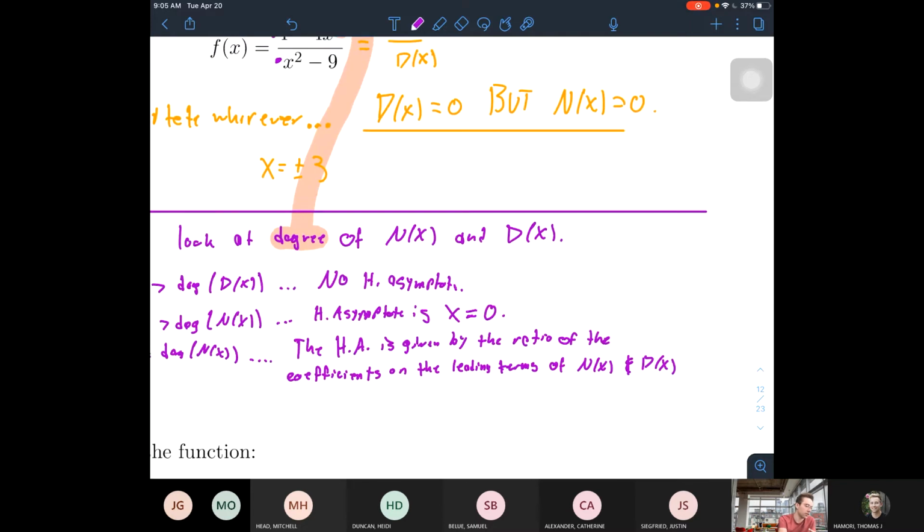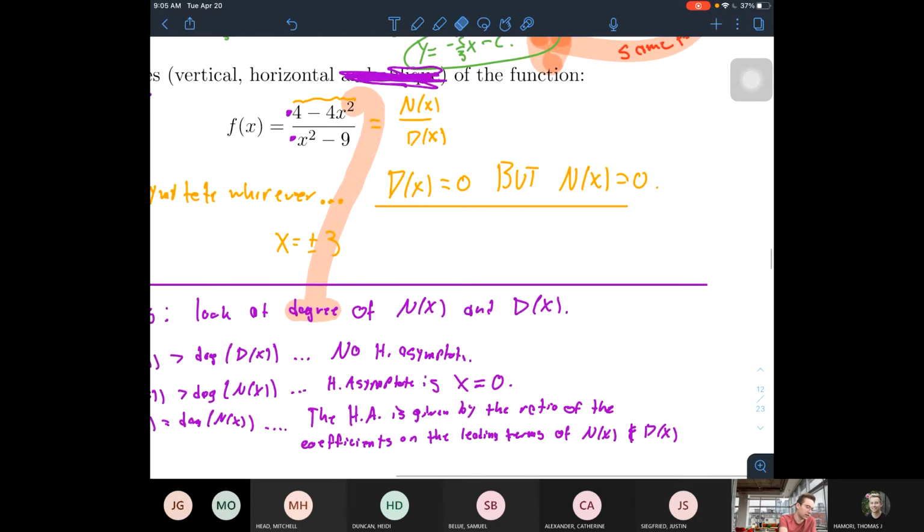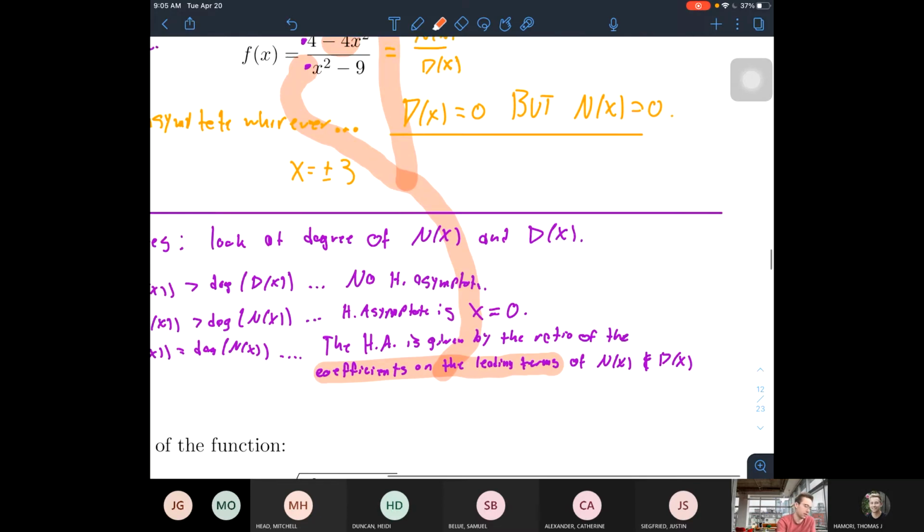The coefficients on the leading terms are whatever number is out front of the leading terms. So for the numerator, the coefficient here is -4. And for the denominator, there's no coefficient written, which means that the coefficient is 1.